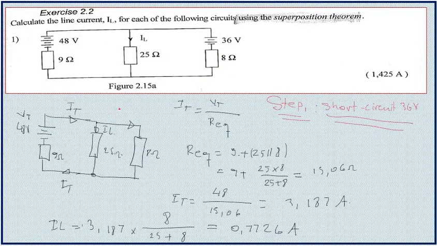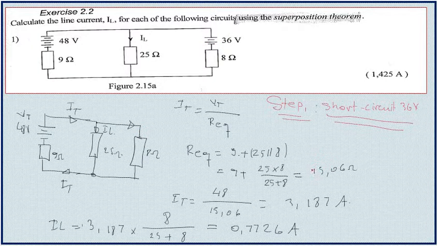So in other words, I'm gonna close that source of voltage. So I will just put a 0 ohm conductor to signify that there is not any source of voltage.